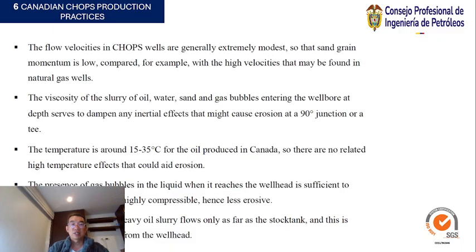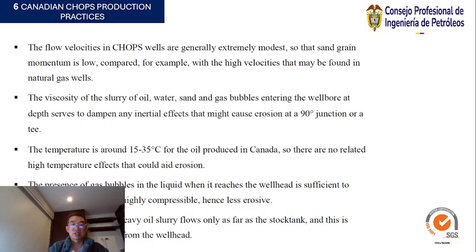The viscosity of the slurry of oil, water, sand, and gas bubbles entering the well at the depths serves to dampen any initial effects that might cause erosion at a 90-degree junction or T.